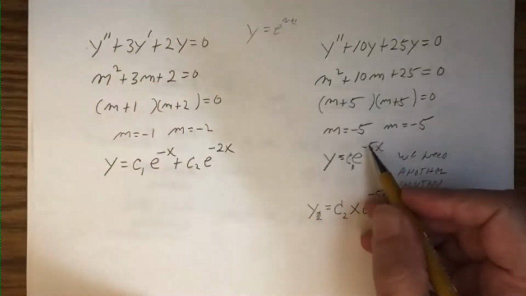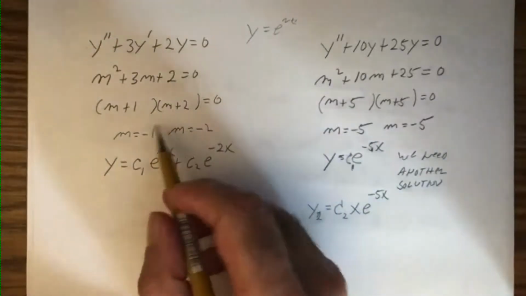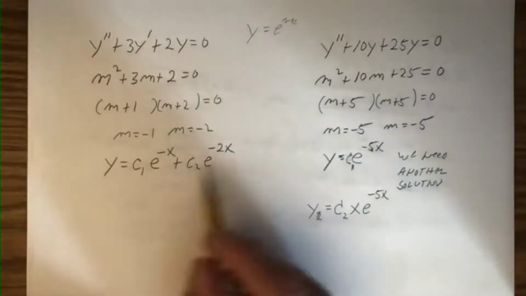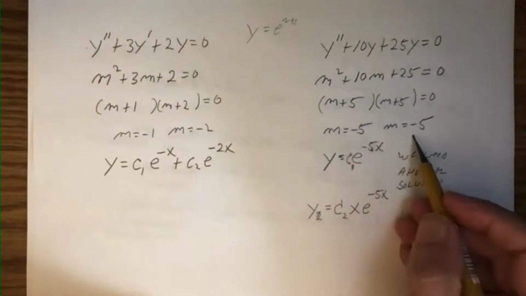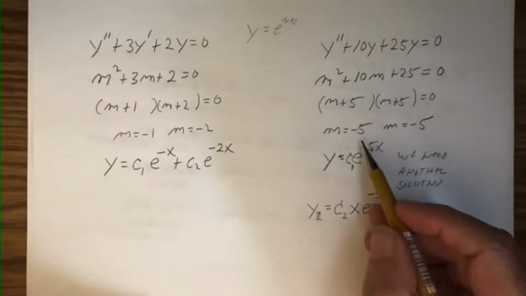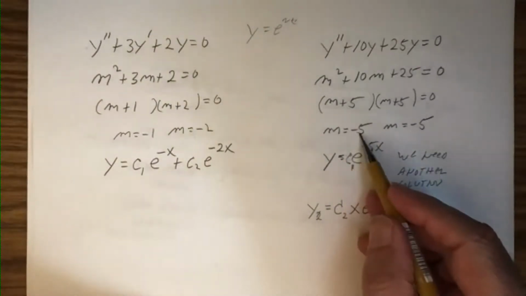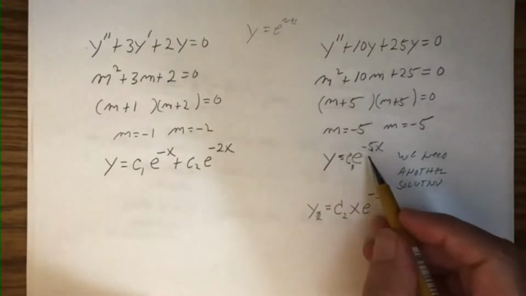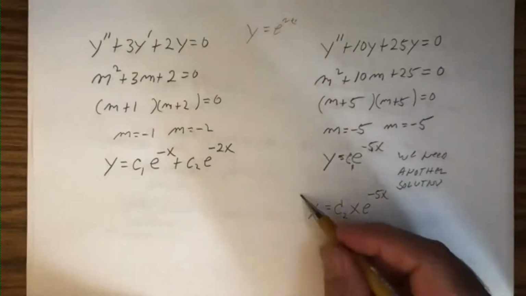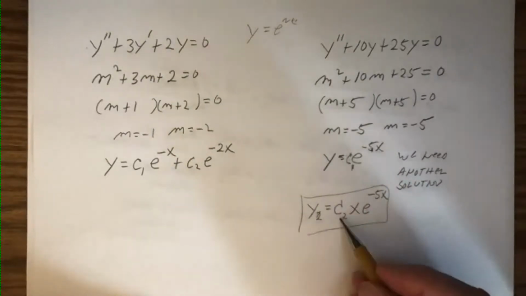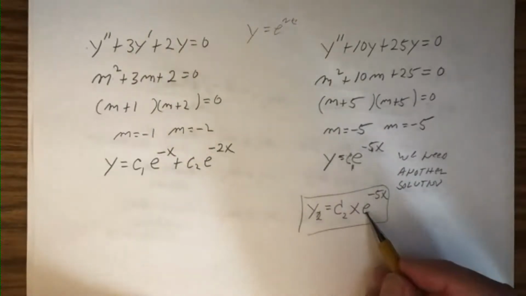Once again, if we have distinct roots, I get my two linearly independent solutions. If I have repeated roots, I'm only going to get one solution. Like here, I only got the one solution, e to the minus 5x, but a second solution is just going to be c2 x e to the minus 5x.